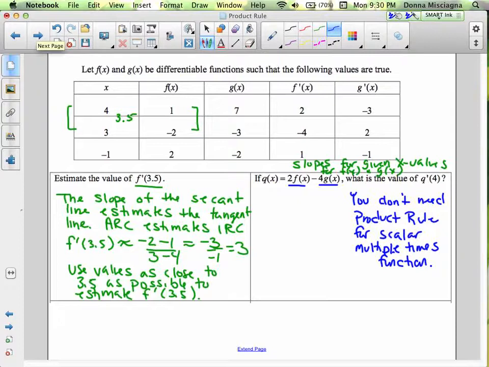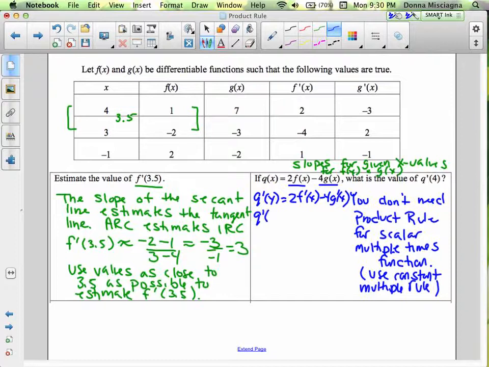It's just constant multiple rule. So we don't have to knock ourselves out on this one. All right, so we want the derivative. So q prime of x is just going to be 2 times f prime of x minus 4 times g prime of x. It's just constant multiple and sum and difference.